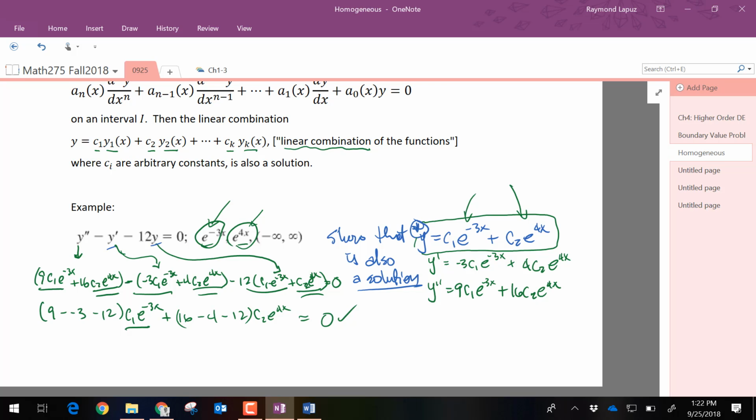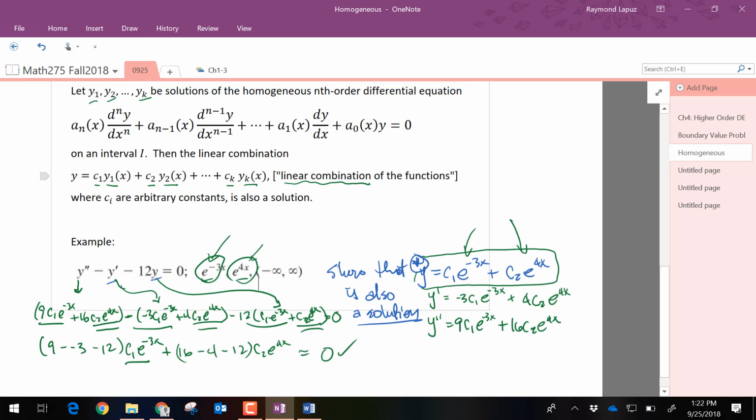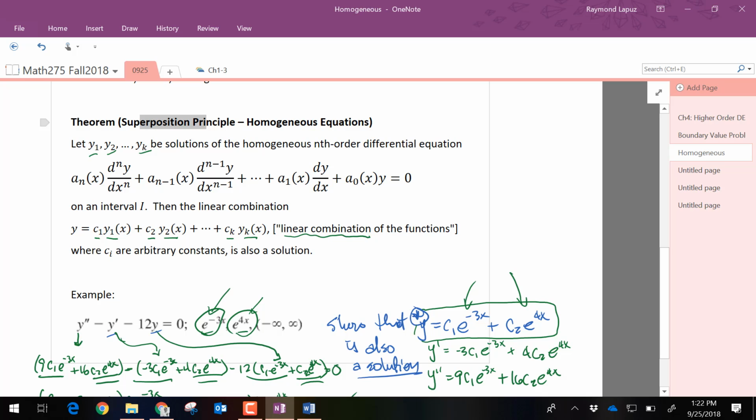Right now, all we're showing is that if we have two solutions, we can multiply them by constants and add them together, and we would still get a solution. What we're trying to do is find the most general solution to these differential equations. That's what the superposition principle says.